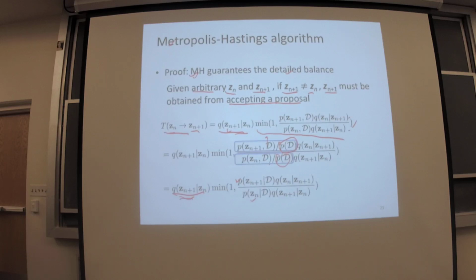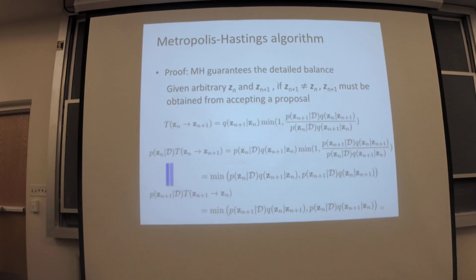To test the detailed balance, we need to test the product between your target distribution, which is the posterior, with the transition kernel. The transition kernel, we have just derived. This is the product of your proposal probability and this acceptance probability, right? Now you multiply with the posterior P of Z given D. So you end up with this form. So now what can we observe from this product?